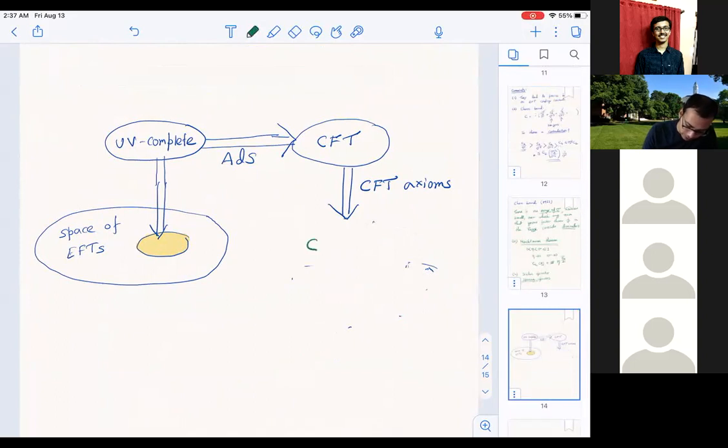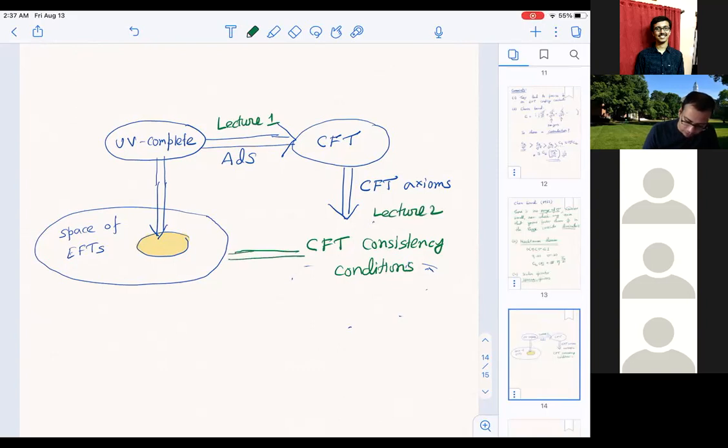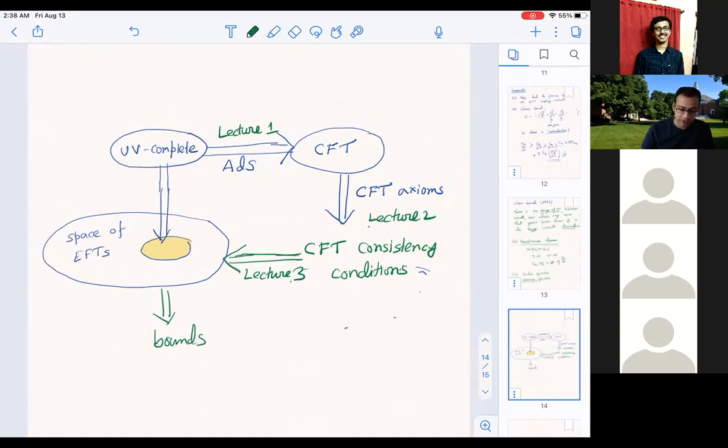This was lecture 1, this is lecture 2. In lecture 3, I am going to use this consistency condition to derive bounds. So that's the goal for the next lecture. Let me stop here. Thank you very much.